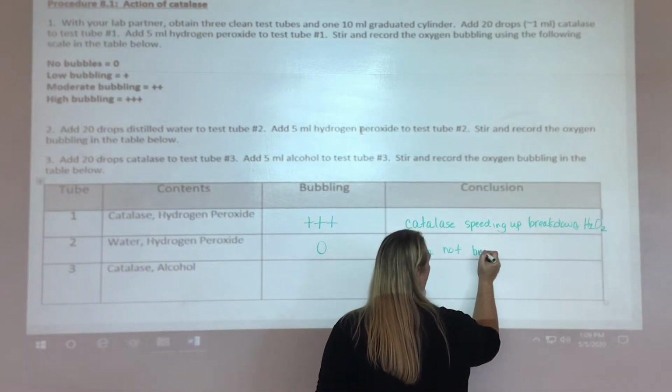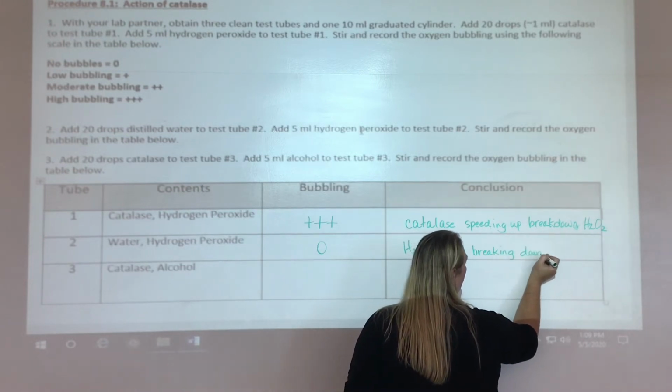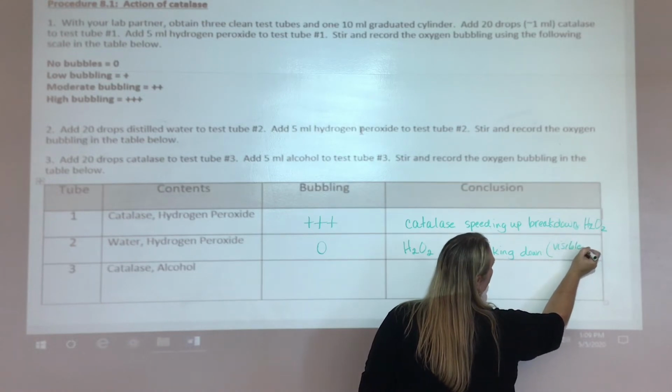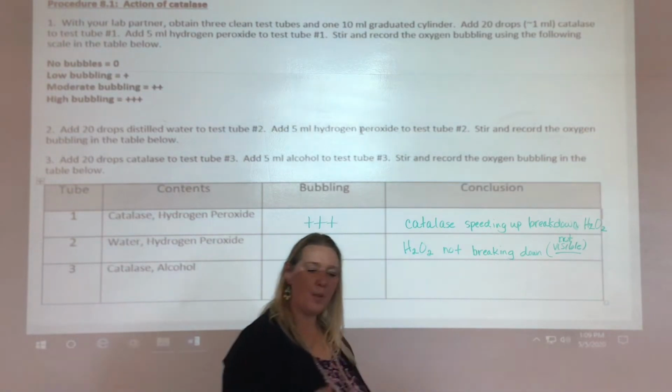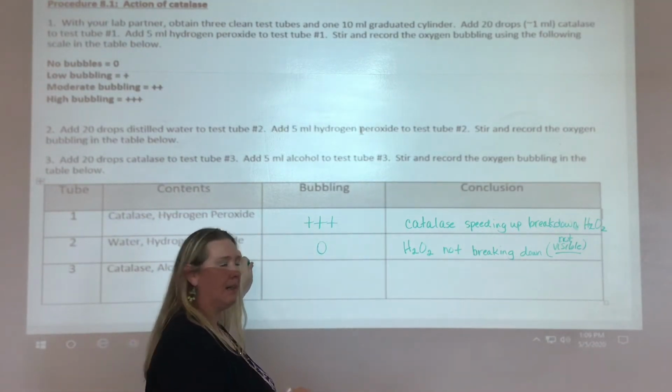So I'm just going to say not breaking down visibly. Not visible, right? It's not visible that we can see that that's breaking down. There's no enzyme to speed that up, so we're not seeing those bubbles.